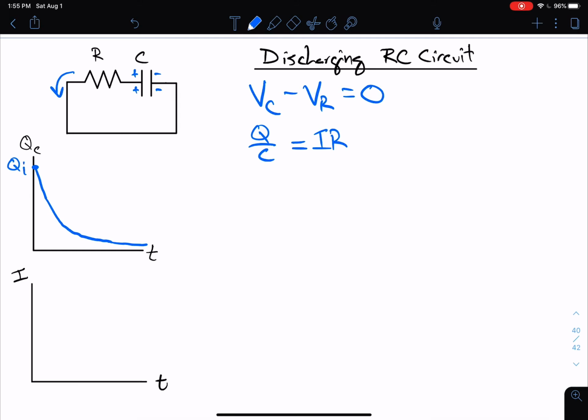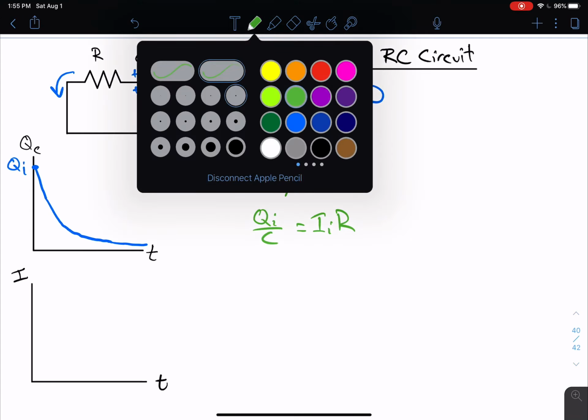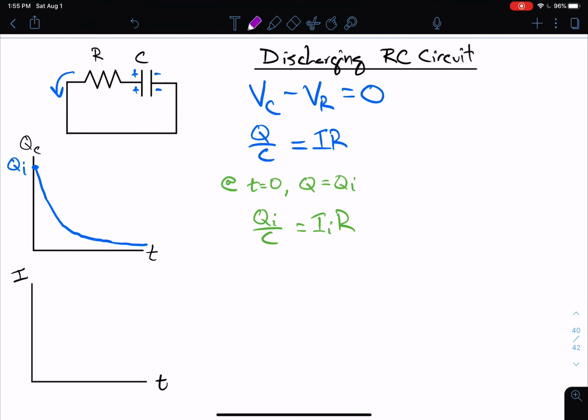So if we want to look at the beginning, if we want to look at t equals 0, then that means Q equals Q initial. And so I'm going to have Q initial over C, and that is going to equal I initial times R. And if we want to look at some later time, if we want to look at infinity, well, when we get there, Q is going to equal 0, and so all I'm going to get is 0 equals 0.